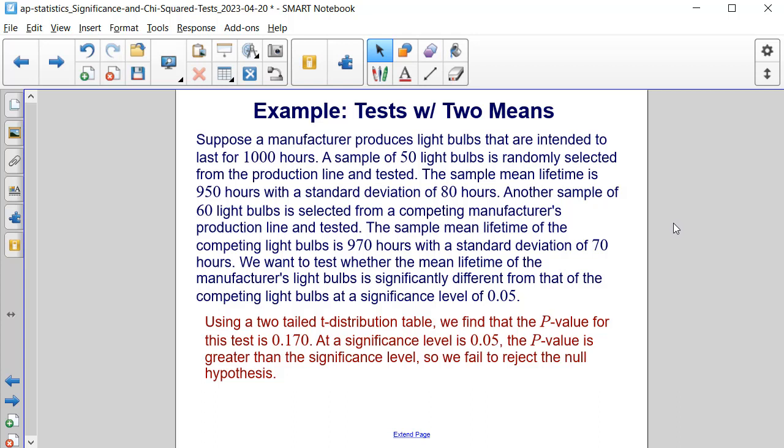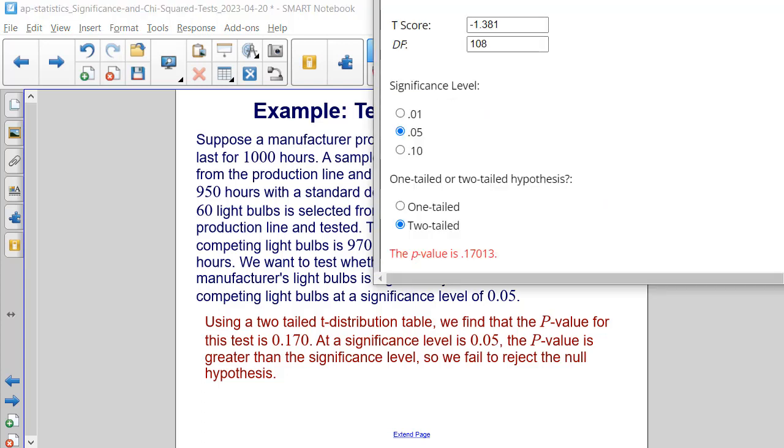Using a two-tailed t-distribution table or an online resource that can calculate the p-value for the t-value found, we find that the p-value for this test is 170 thousandths, or 0.170. And here's what the website shows.